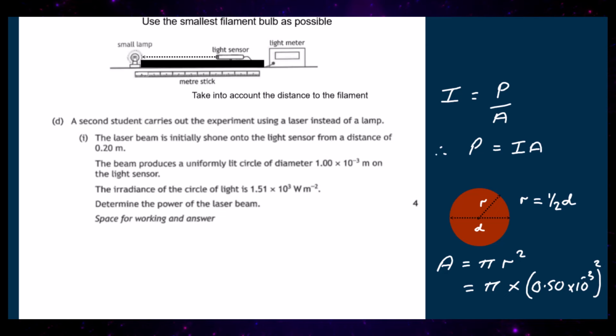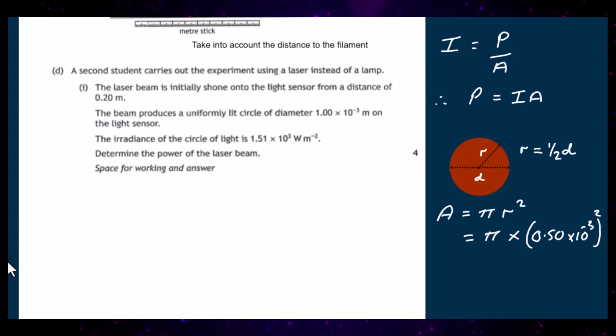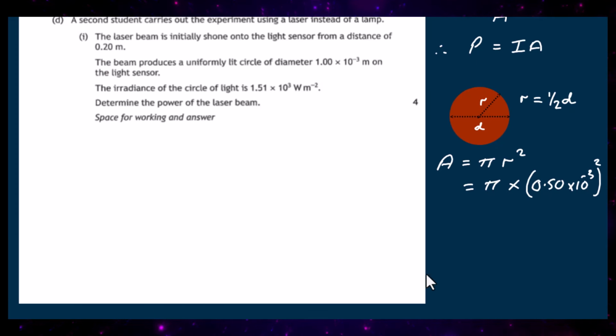So we've now got the area, we know the irradiance, it's just a matter of plugging the numbers in to give your answer. I'll do this up here for you. The power is equal to the irradiance times the area.